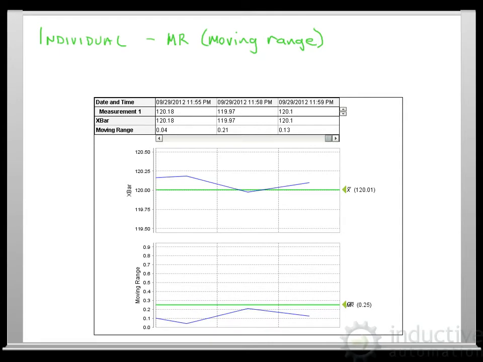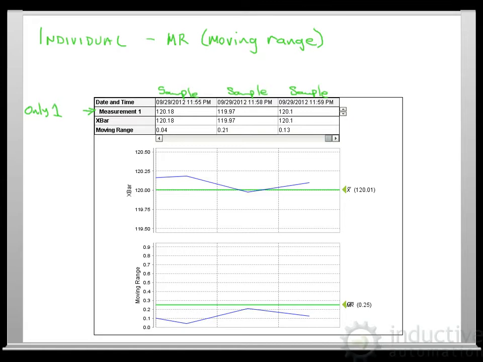We have the samples up here, just like the X-bar R. We only have one measurement. An individual will always have one measurement.